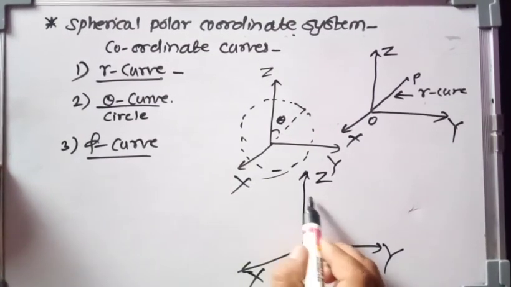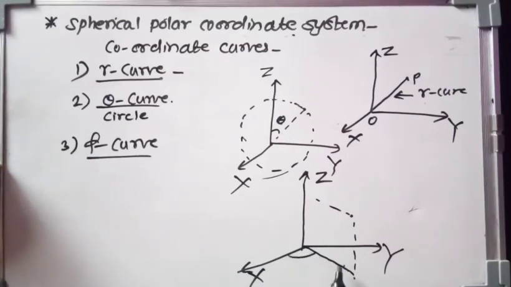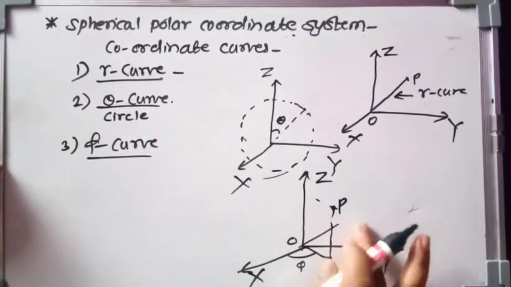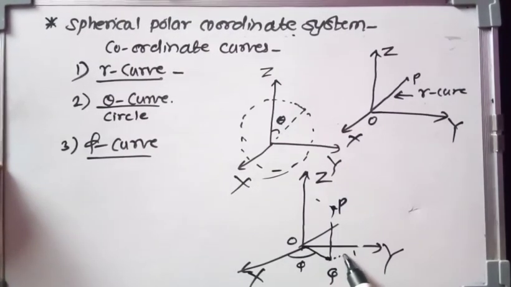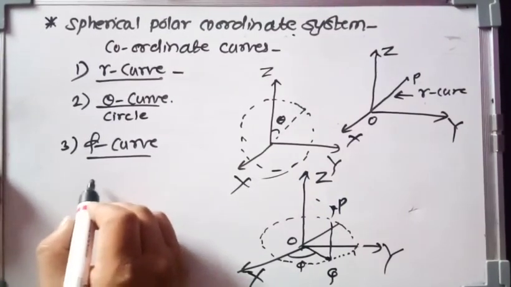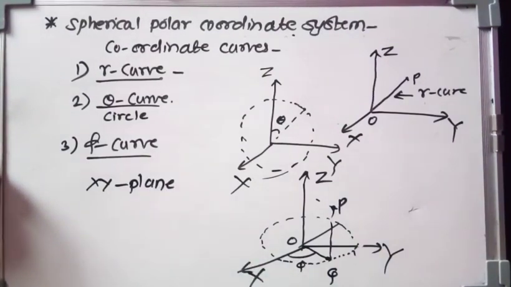We know the angle between this x-axis and this OQ is phi, and if you change the position of point, suppose Q is here, P is here, and if you change the position of point Q by changing phi, you will get a circle. The nature of the phi curve is a circle, but this phi curve is along xy plane, for which r is constant and also theta is constant, and phi coordinate is variable and the other two are constant. This is known as phi curve.